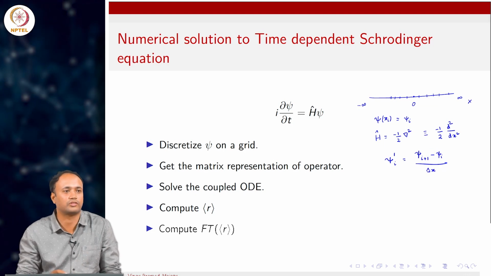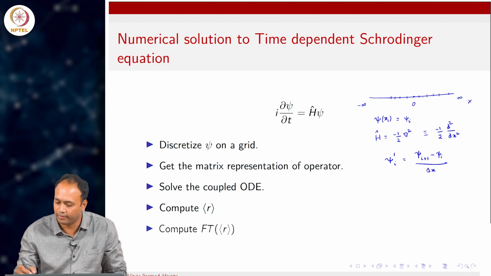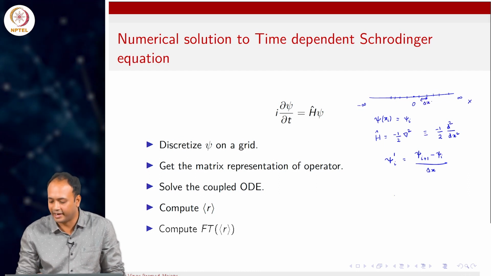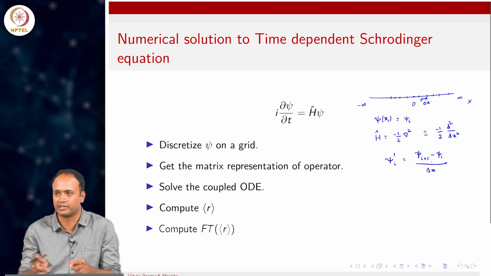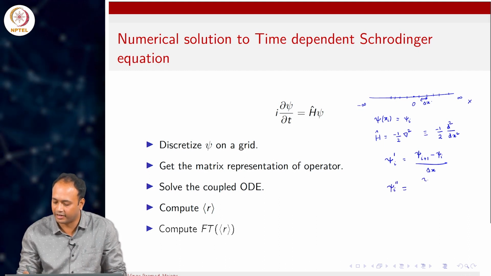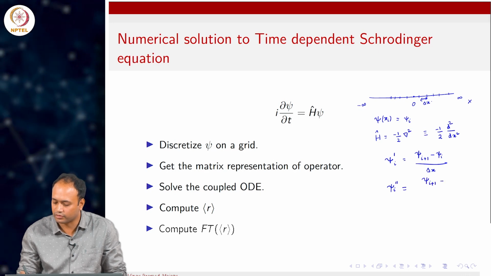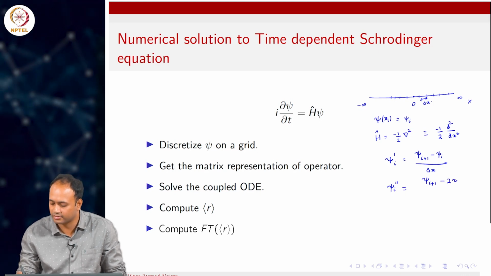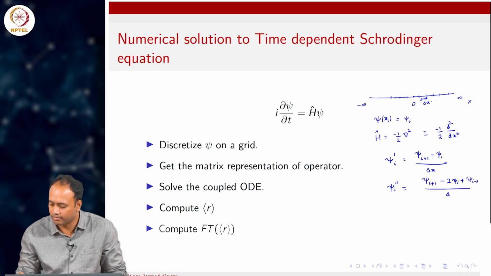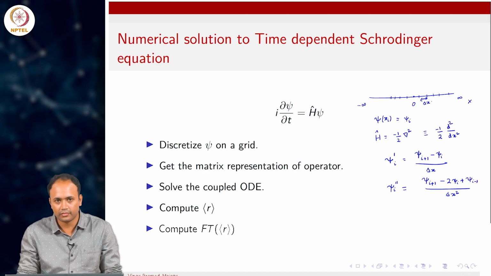Okay, that is an approximate formula for the derivative where the grid spacing is delta x. Now if I want the second derivative, I can use the first derivative twice, and then I can compute psi I second derivative as psi I plus 1 minus 2 psi I plus psi I minus 1 by delta x square. Okay.